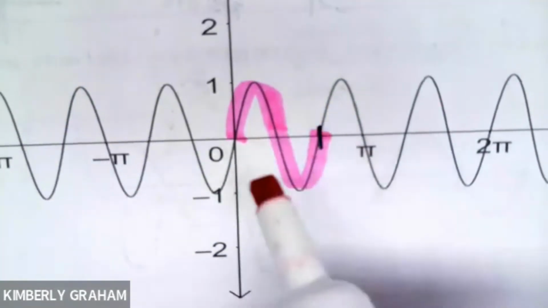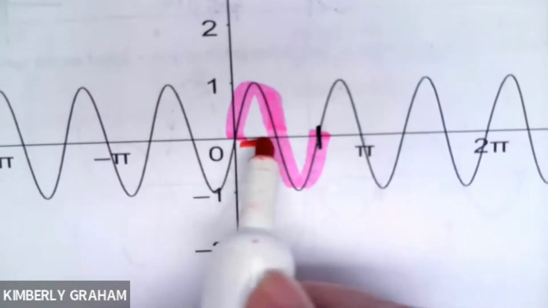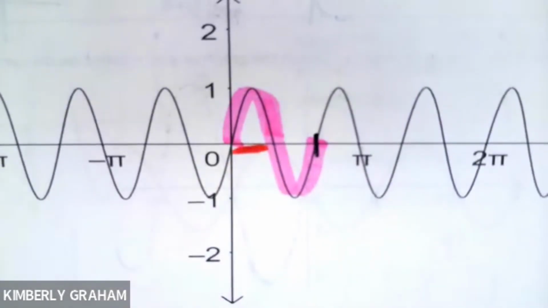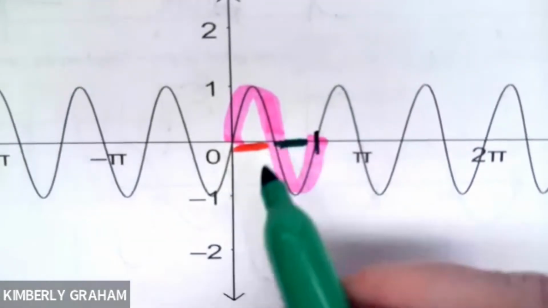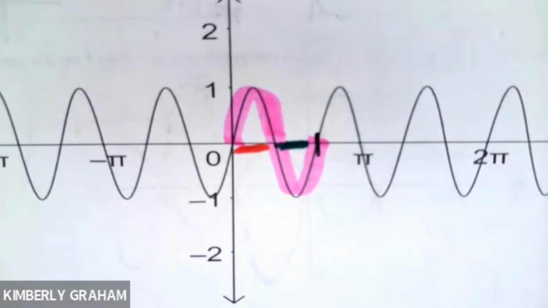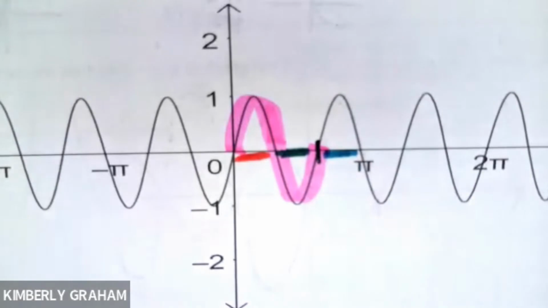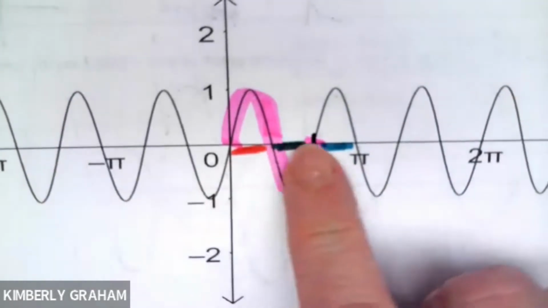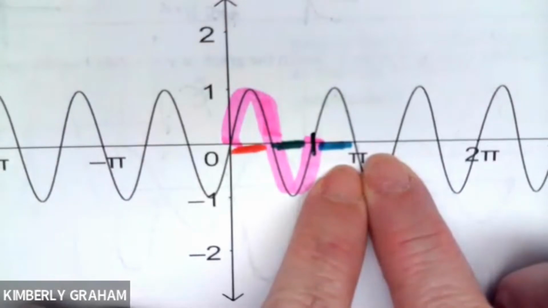So I'm going to look at the graph this way. I've got this part in red. I've got this part here in green. And I've got this third little section over here in blue. So those 3 sections are evenly divided. They're evenly spaced out. And this is pi is where they end up.